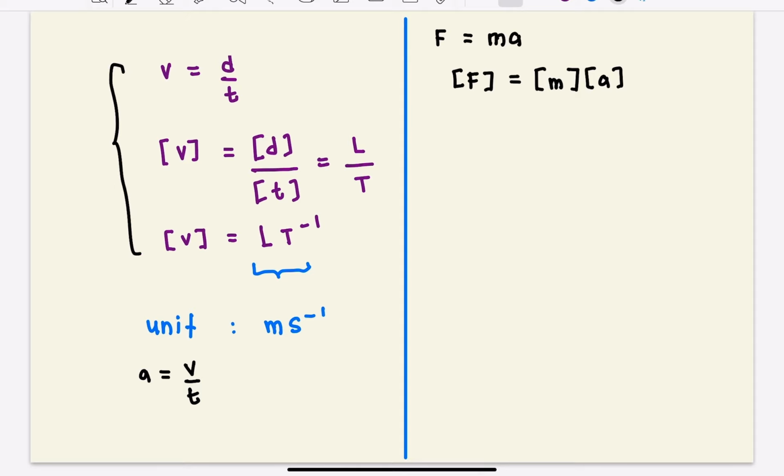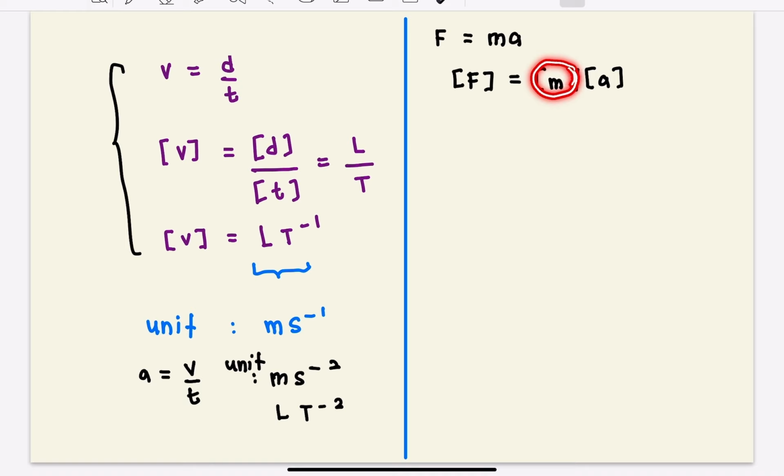Or if you have a longer equation, this is just some example, you can find the dimension of a by looking at the unit. So unit for a is meter per second squared. So you can do like LT minus 2. This shortcut is available. You can use this shortcut only if you have this kind of equation, which is you have another one.